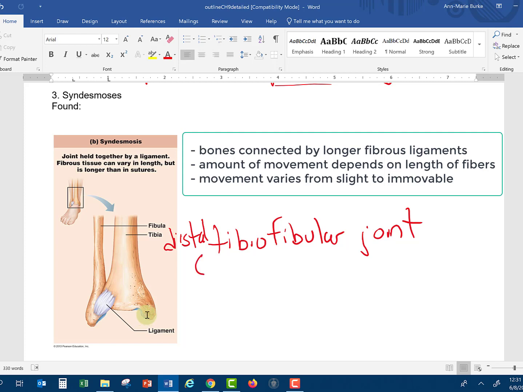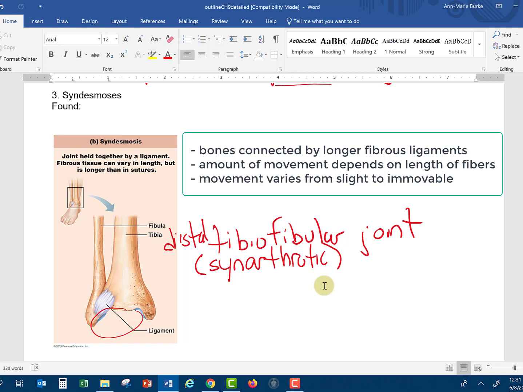And this joint is fairly synarthrotic, which, remember, means it's immovable. Although, if you point your toes to the sky, you do get a slight movement, but it's not enough to be considered a real movement, so they call this a synarthrotic joint.